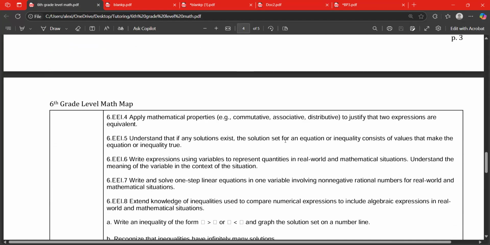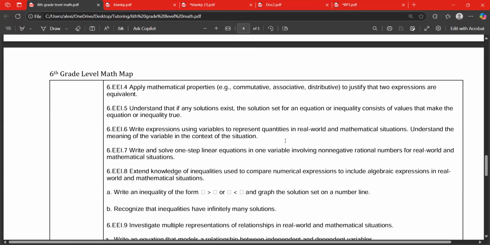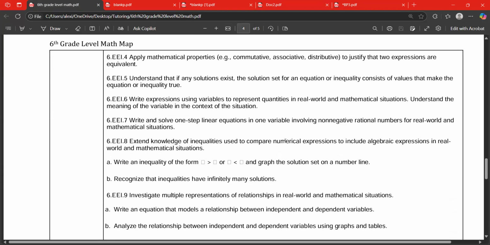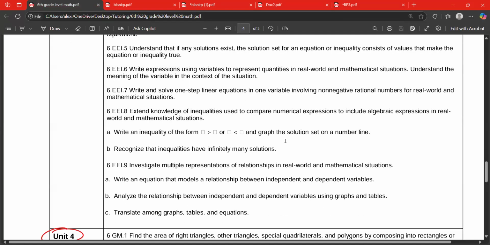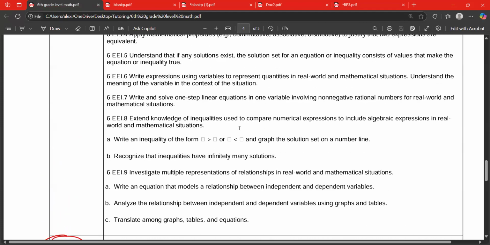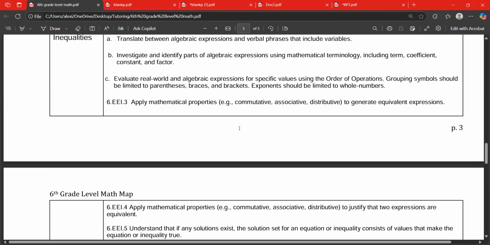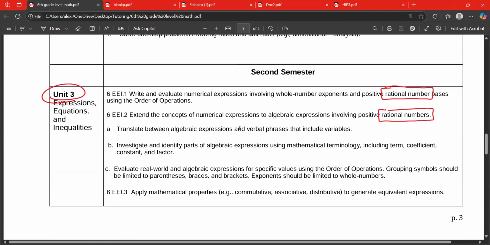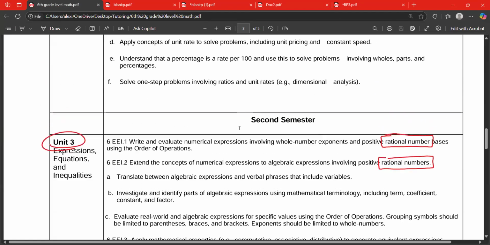I'm going slowly because I'm looking to see if they ever talk about irrational numbers in 6th grade. They might say it in conversation, but will it be on any of your unit information? And I don't see it. Therefore, the focus will just be on rational numbers. But maybe when you get to 7th grade, they'll talk about irrational.